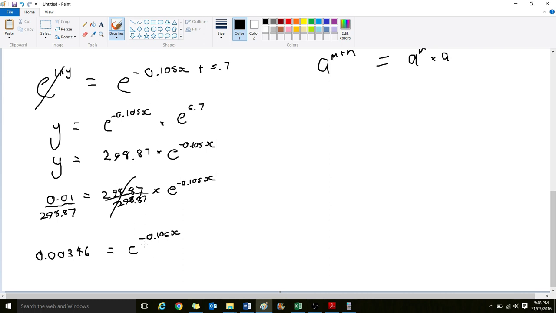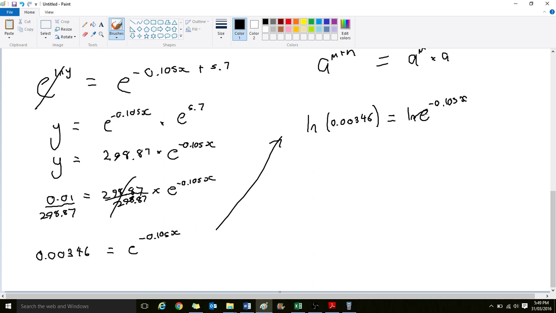Now we want to get rid of the e, so we apply the natural logarithm to both sides. So we're going to have ln of 0.00346, and that's equal to ln of e to the power of minus 0.105x.